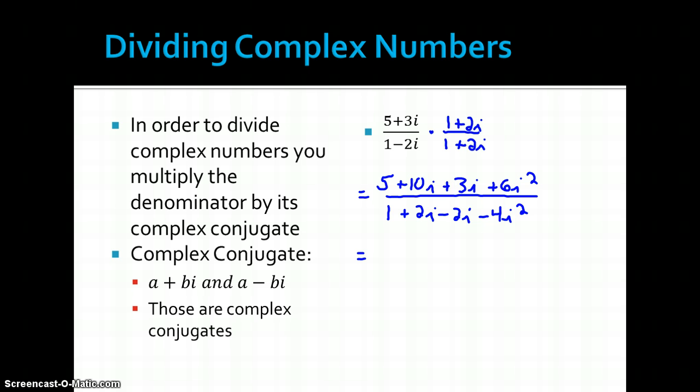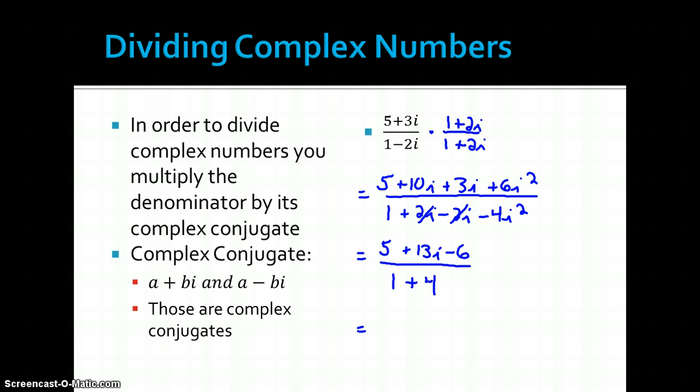Now we simplify. First the numerator. 5 plus 13i. 6 times negative 1 is minus 6. We end up with 1 in the denominator. Those cancel. Negative 4 times negative 1 is positive 4.